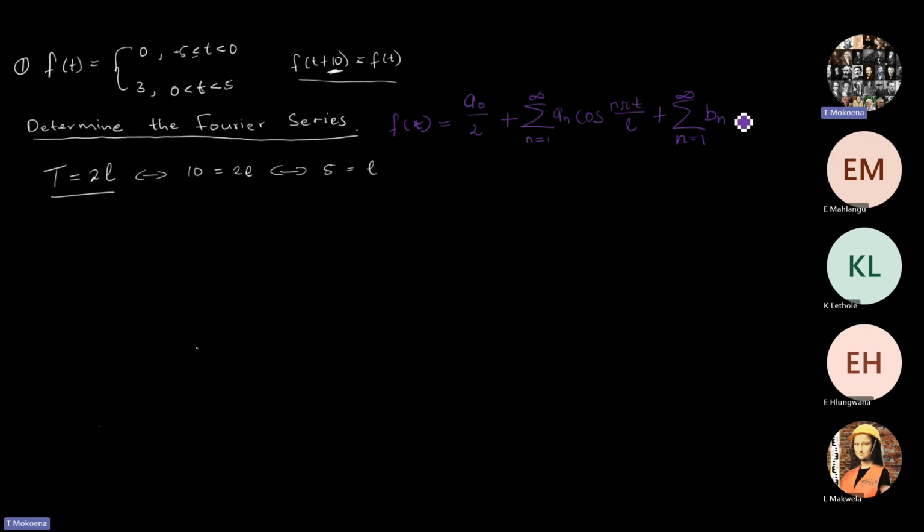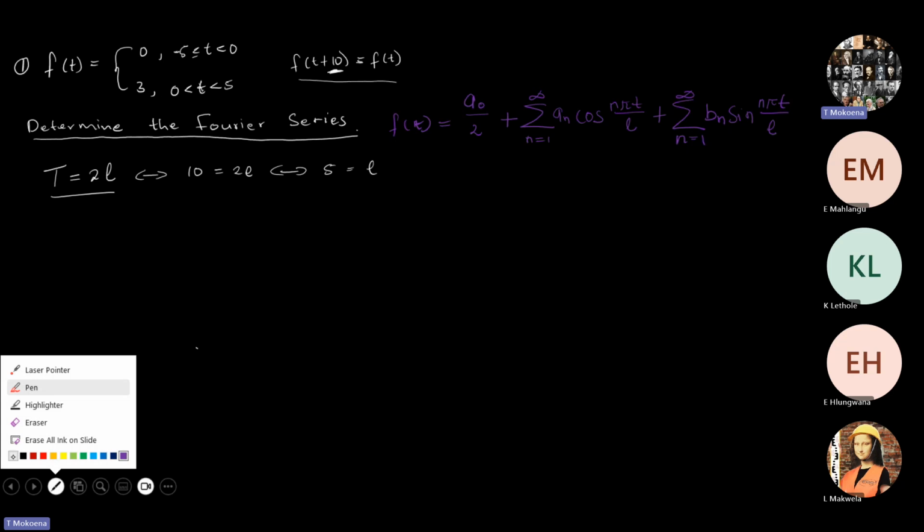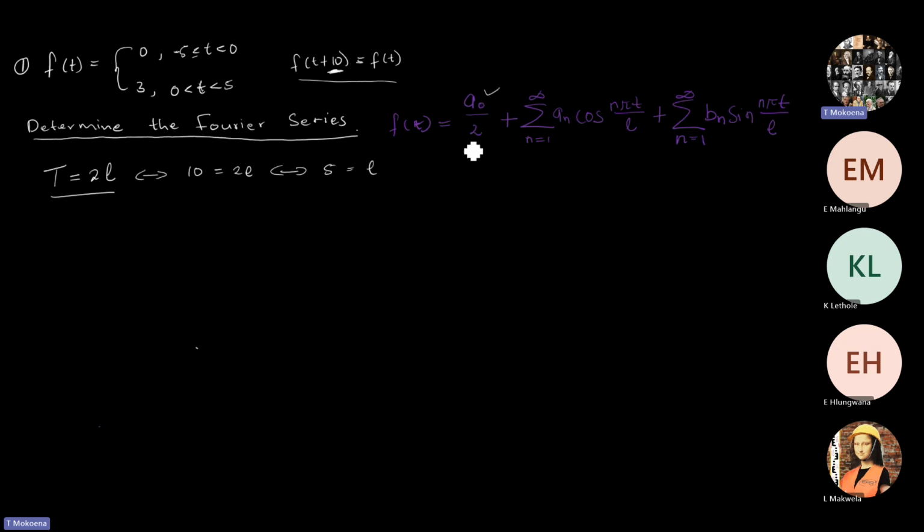Here we have sine now, sine n pi t divided by L. So remember, this is the standard form of how an expansion will look. So our aim over here is to determine A sub naught, A sub n and B sub n.